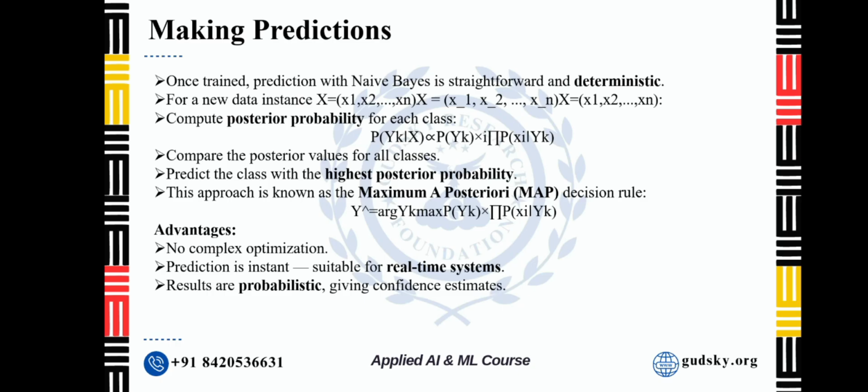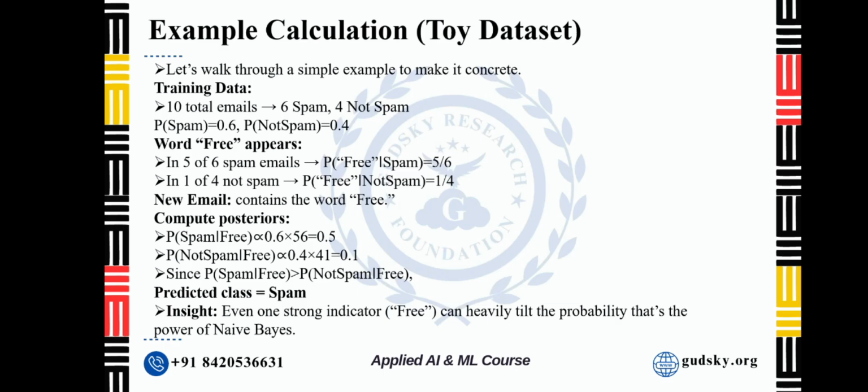The final decision rule is called the maximum a posteriori, MAP, rule. For example, if P of spam given email equals 0.82 and not spam given email equals 0.18, the prediction here is spam.